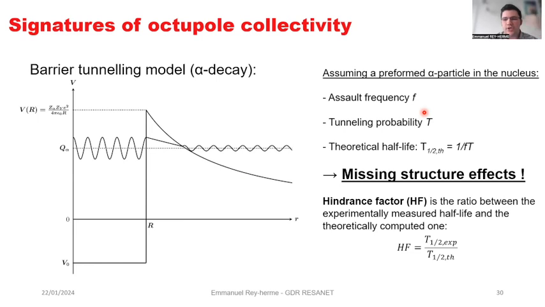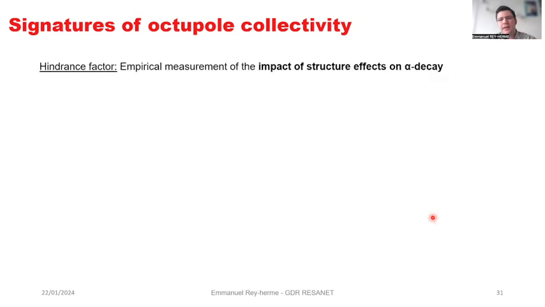And a measurement of the structure effect will then be the hindrance factor, which is the ratio between the experimentally measured half-life and the theoretically computed one. So this hindrance factor is an empirical measurement of the impact of structure effects on alpha decay.